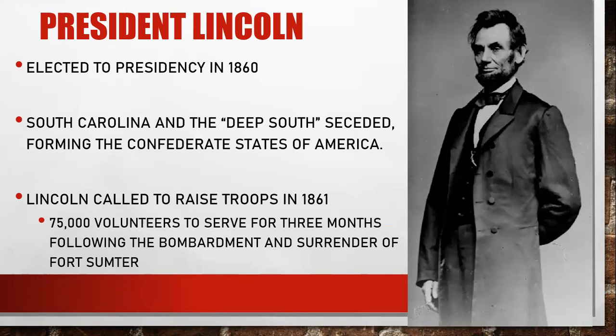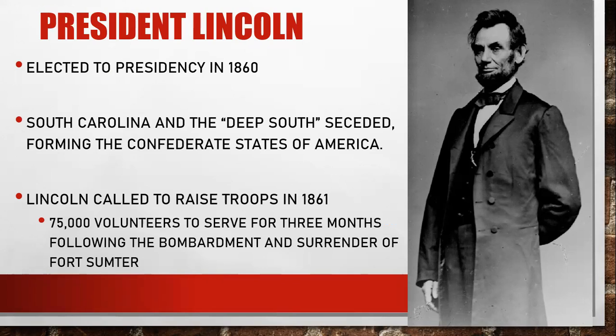In response to this, Lincoln is going to call up a volunteer army of 75,000 volunteers to serve for about 3 months to march into the South and to get these southern states back in line and stop the rebellion before it gets started. That's really what gets things involved.